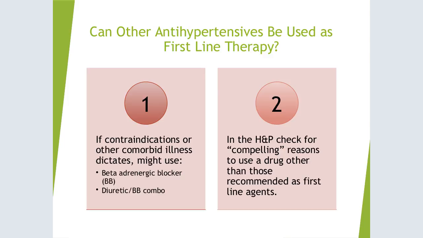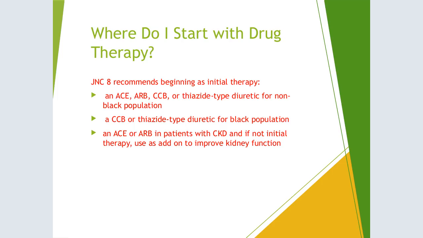Can other antihypertensives be used as first-line therapy? If contraindications or other comorbid illnesses are present, you could use a beta blocker or a diuretic beta blocker combo first line if you need to. But you need to document in the HPI compelling reasons to use a drug other than those recommended as first-line agents. So let's go back and look.